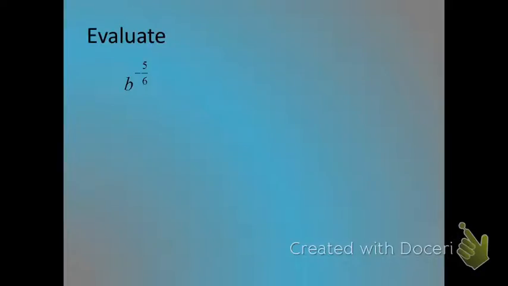Alrighty, so here's kind of what I was talking about with not using your calculator for these. b to the negative 5/6 is very similar to ones we've already done. First thing you want to do is, once again, make that exponent positive. You always want to do that first.